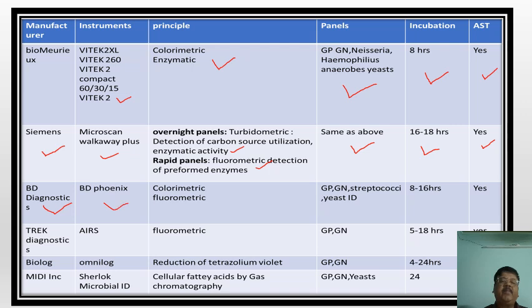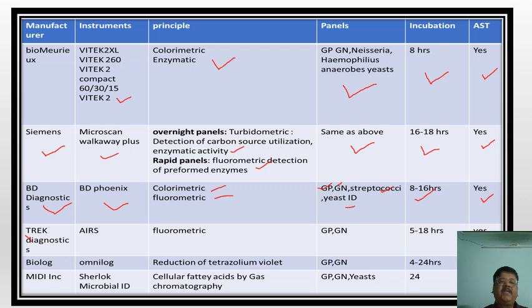BD Phoenix is the brand name of that machine, which will utilize colorimetric and fluorometric mechanisms. Here, the panels available are gram positive, gram negative, streptococci, and yeast identification. 16 to 18 hours is the incubation period, and we can do the antimicrobial susceptibility testing also.